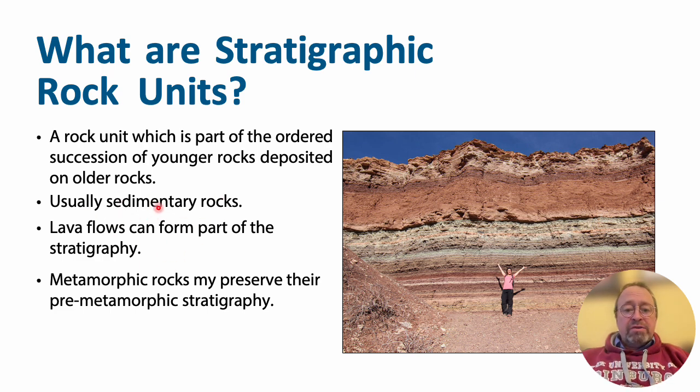You can have lavas, either by themselves or within a sedimentary section. Metamorphic rocks may not be fully homogenized, and therefore you can often see the layering in those. And essentially, what we're looking at is packages of sedimentary beds, obviously with the older one on the bottom and the younger one on the top.